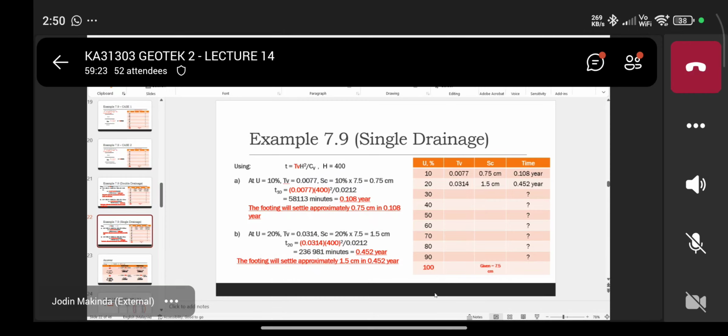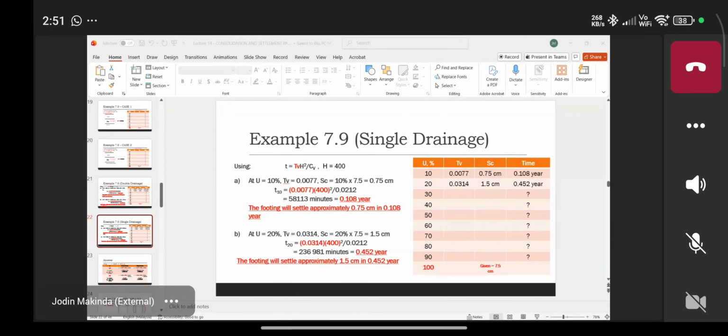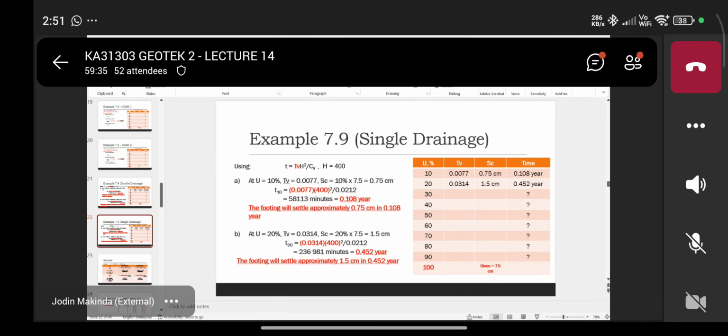Why for single drainage, H is 400 cm, and for double drainage, H is 200 cm?